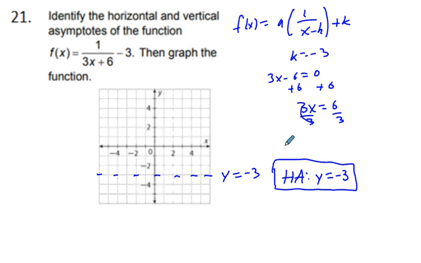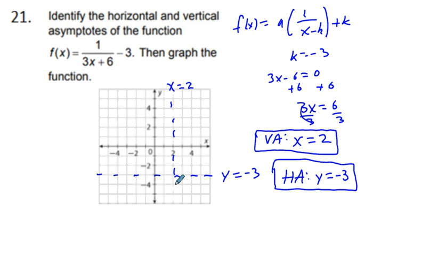We have our vertical asymptote, x is equal to 2. That's our vertical asymptote. Again, what I saw in the class was in instances just inadequate articulation of what that is.